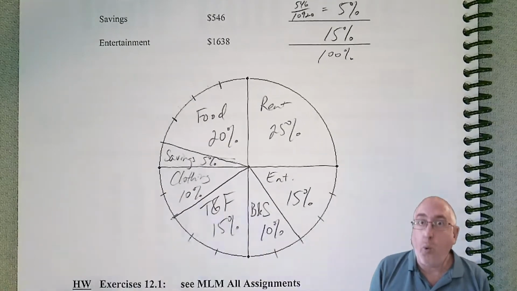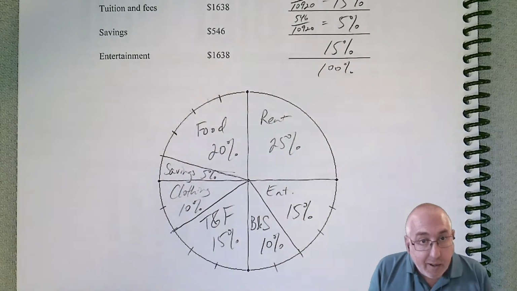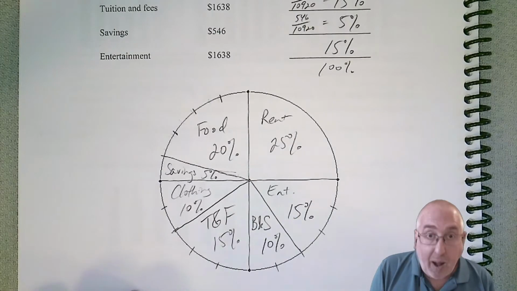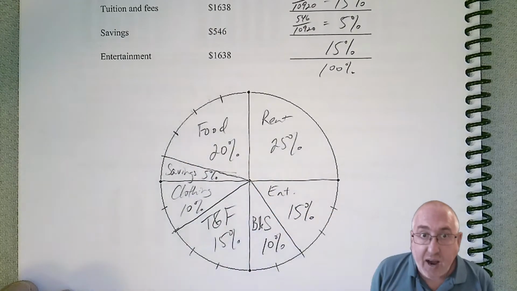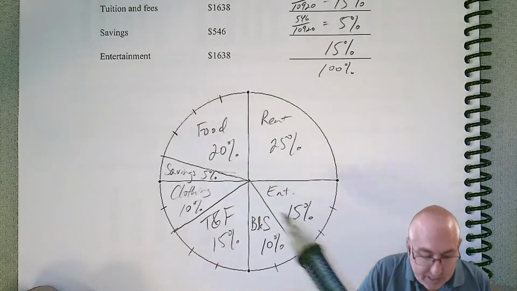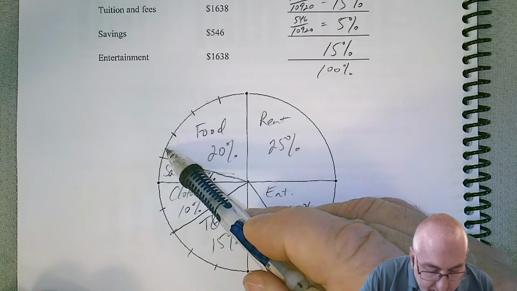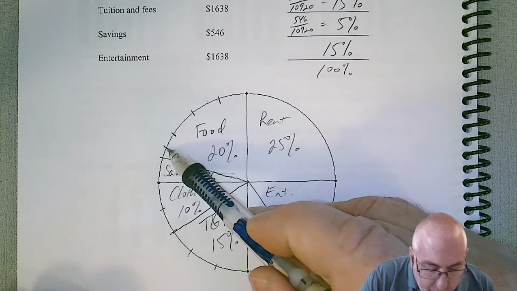Now, what about pieces of pie that are not multiples of 5? Well, that's a good question. But you still can use these 5% guidelines to help with that. So if I had 18%, well, food is 20, but if I had 18, well, 18 would be maybe somewhere in there.